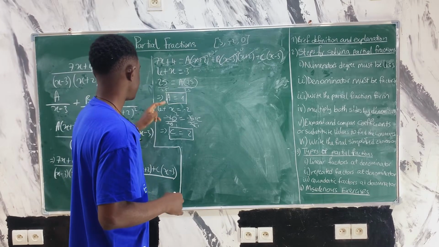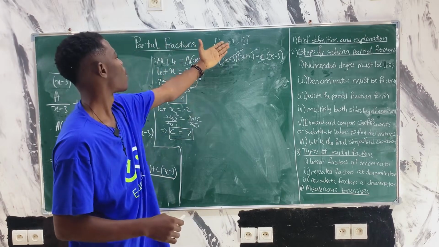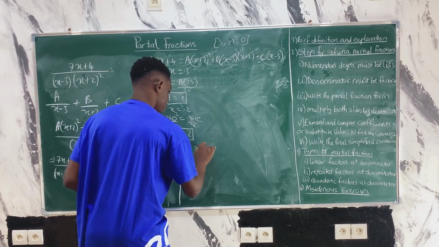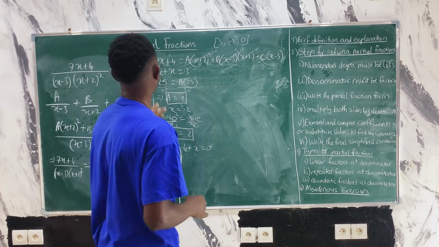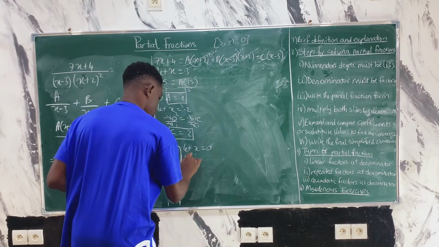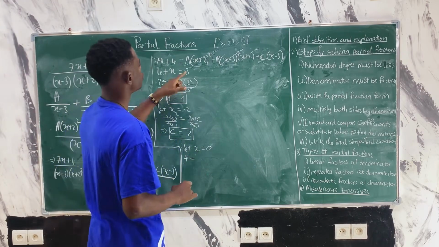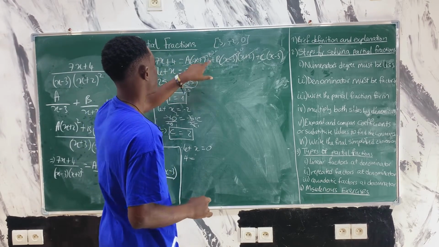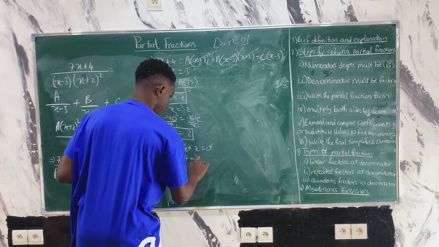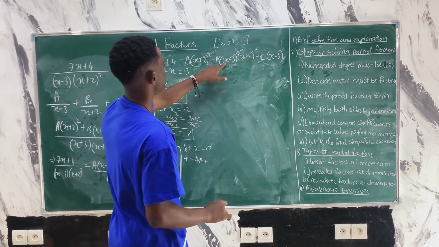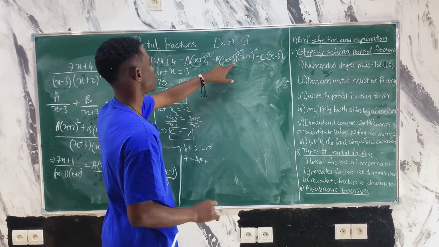So I already have a and c. I can now let x be 0. If I let x be equal to 0, I'll put here 7 times 0 is 0. 0 plus 4 is 4. 4 will be equal to, when I put 0 here, I will be left with 2. 2 squared is 4. I'll have 4a, plus 0 minus 3 is minus 3.